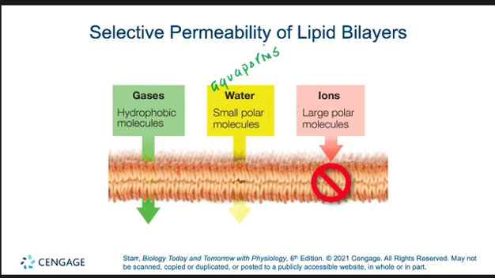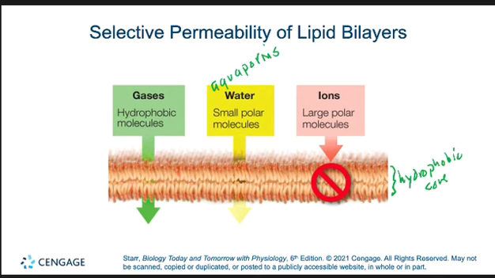Why can't charged and polar things go through the phospholipid bilayer? Because the hydrophobic core of the bilayer makes too big of an energy barrier for that to happen.